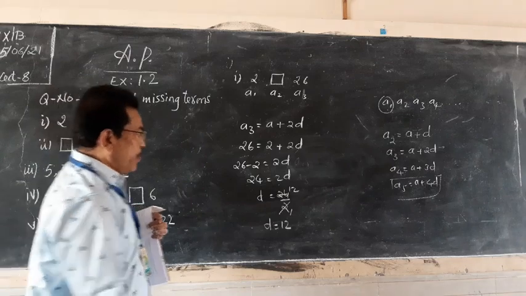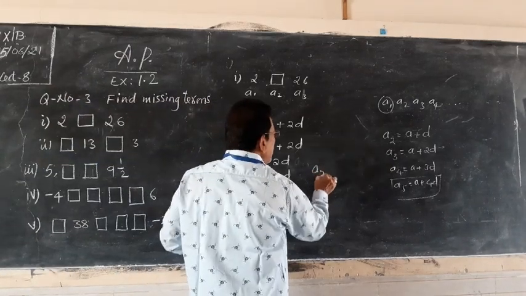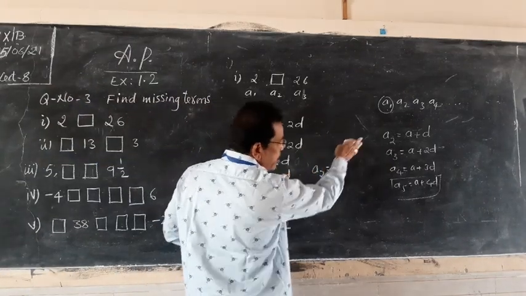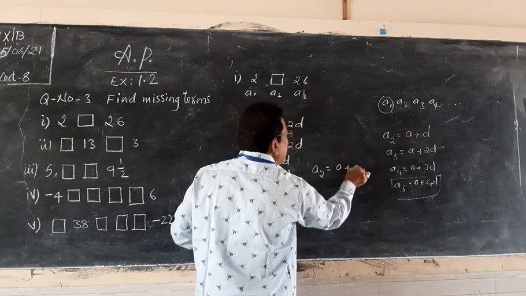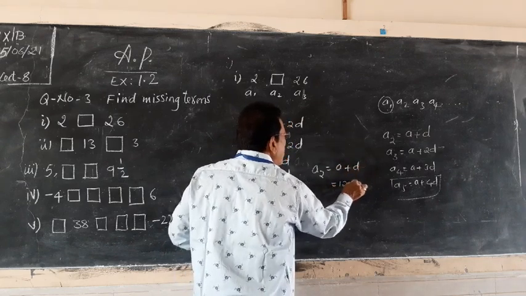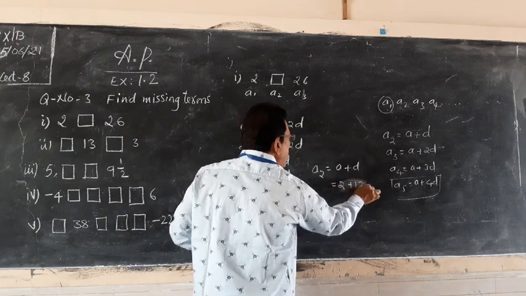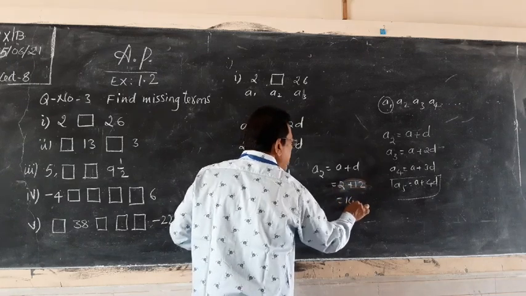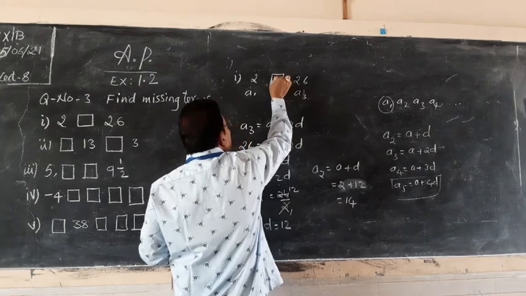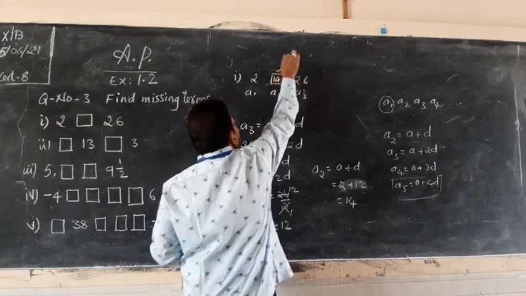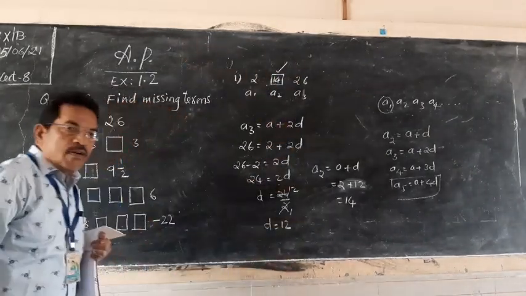Okay. We need A2. What is the meaning of A2? Sir, A plus D. A is 2, D is 12. 12 plus 2, 14. Yes, the missing term is 14.